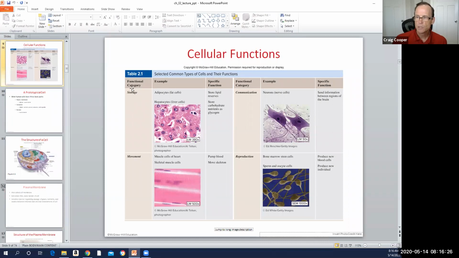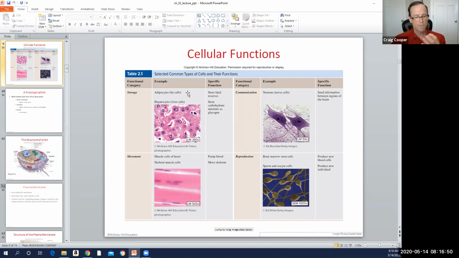Now we've got storage, and the two examples they give over here are fat cells and liver cells. Anytime we eat excess calories, regardless of whether those calories are coming from fats, carbohydrates, or proteins, if we don't need them right away for the body's use, our body's like, well, we might need that later. Let's put it into storage.